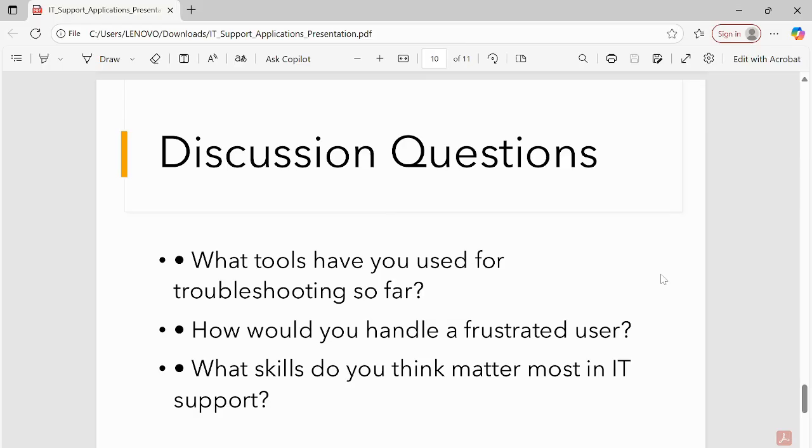And what skills do you think matter most in IT support? I would like to hear from you guys, please write it in the chat.